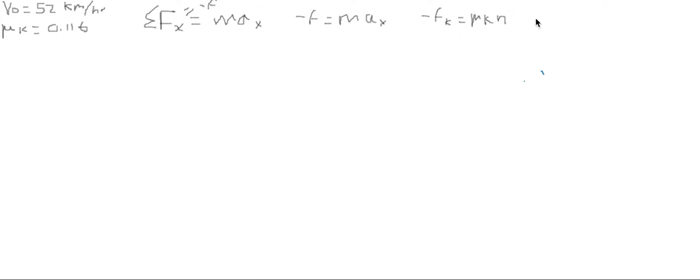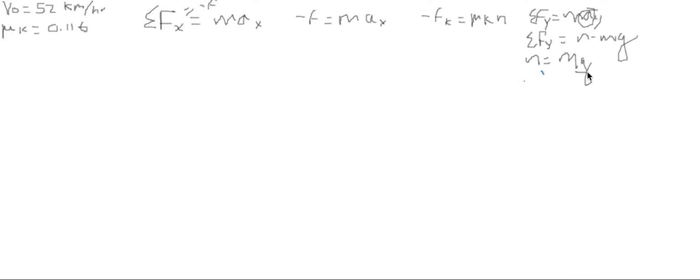And we do that by taking the sum of the y forces, which is equal to the mass and the acceleration in the y, and since there is no force in the y direction, the acceleration is 0. So this equals 0, and the sum of force in the y direction is equal to the normal force minus mass times gravity. So the normal force is equal to the mass times the gravity.